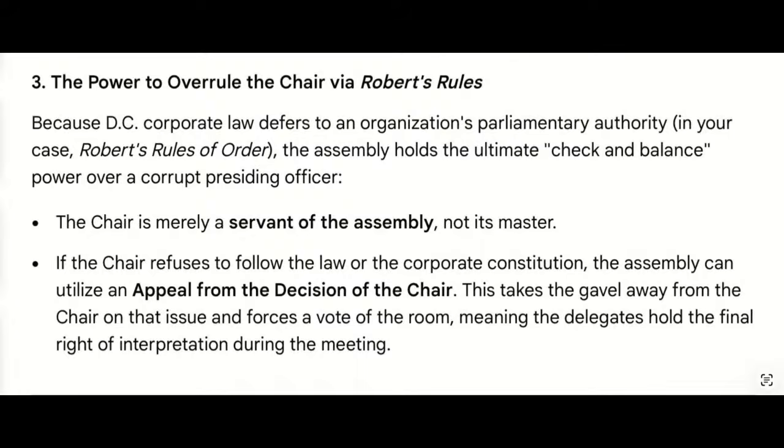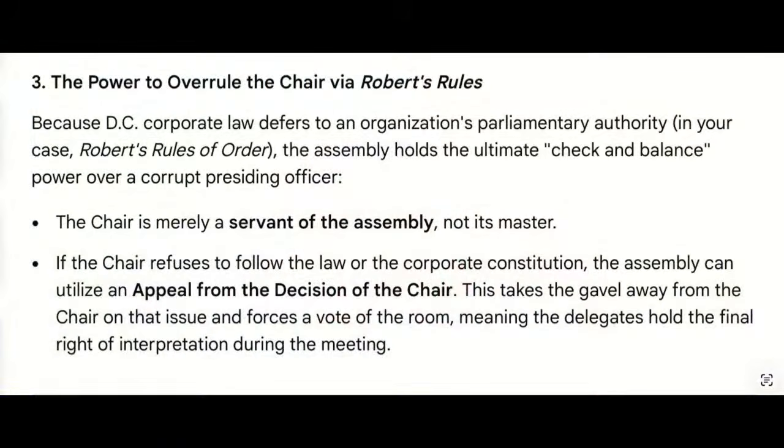If the chair refuses to follow the law or the corporate constitution, the assembly can utilize an appeal from the decision of the chair. Remember, we talked about that. I appeal from the decision of the chair, meaning I appeal to the body away from the decision of the chair, because right now you're not doing what you should be doing as a chair that's not biased.